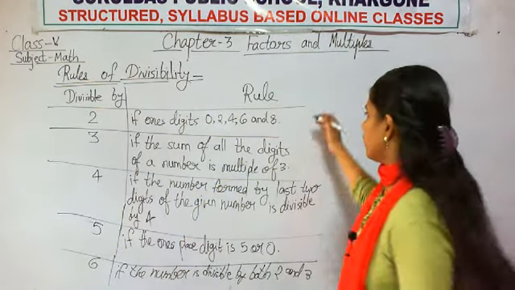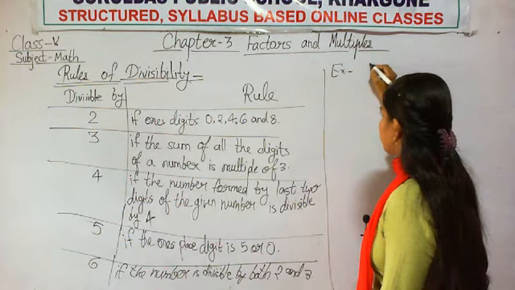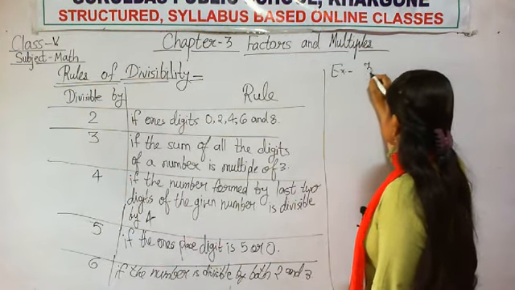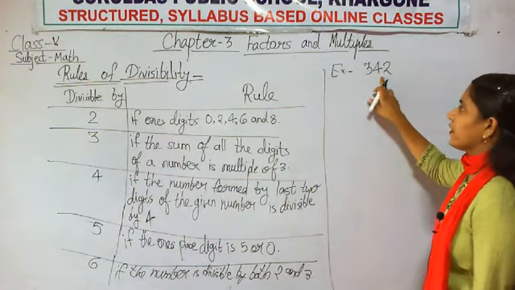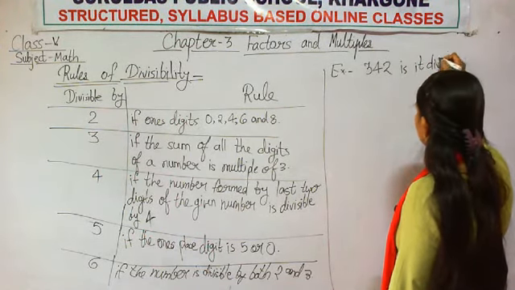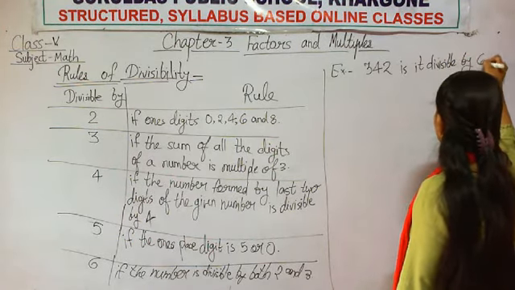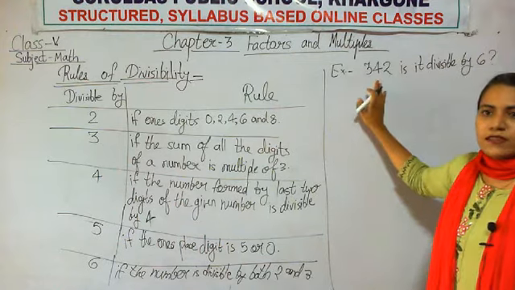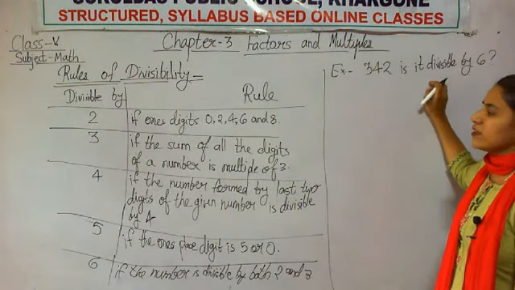Okay, so let's understand this by an example. Suppose I am checking the number 342. Is it divisible by 6?